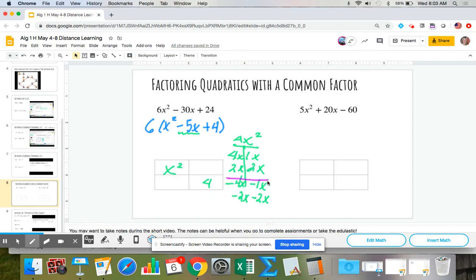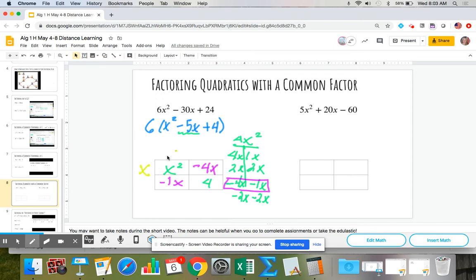So this is the pair of factors that I'm going to be using. And I can put negative 4x in this spot and negative 1x down here. And now that I've done that, I can factor out of the top row my common factor of x, and then I can fill out the rest of the remaining parts.